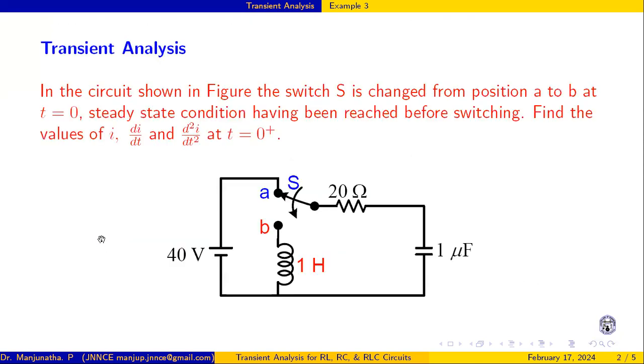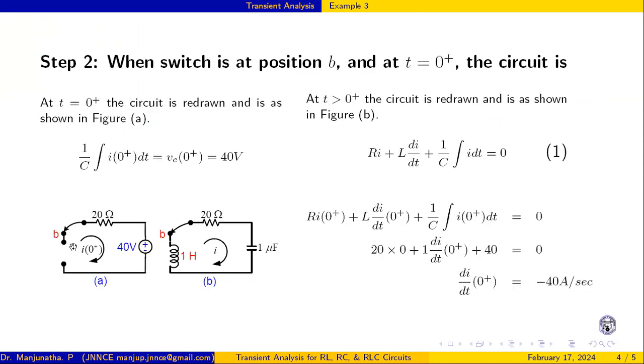Now at t is equal to 0, we are going to change the switch here. When we suddenly change from A to B, the inductor always opposes sudden changes.